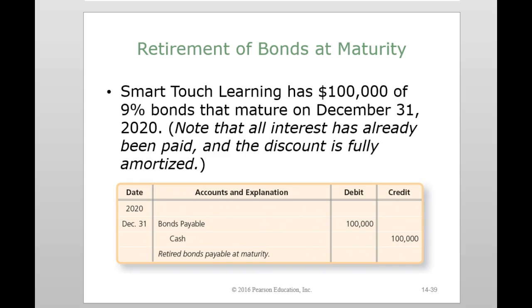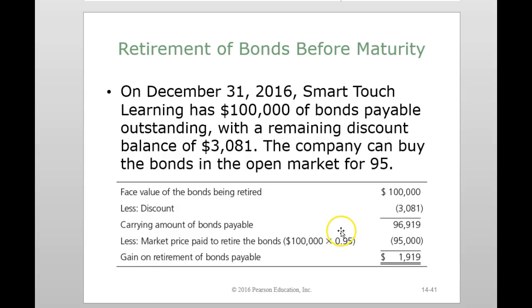So, now what happens if they do it before maturity? Now, this is kind of interesting, and this shows you the relationship of the discount. So we have a bond that's going to be retired early at $100,000. The discount is sitting at $3,081, which means I have a carrying amount of $96,919. I'm paying it off at $95,000.